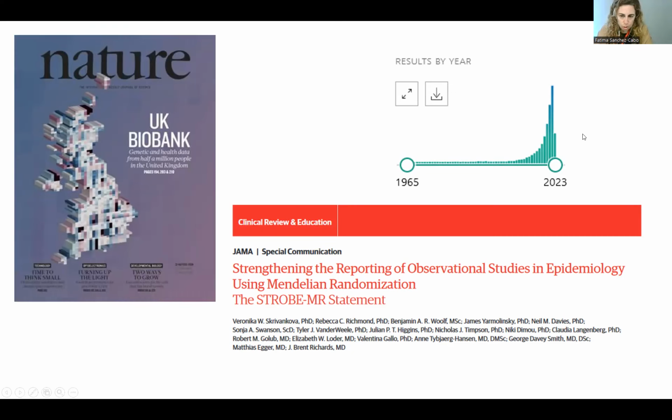Because of this explosion, and as Ramon pointed out very well, things sometimes are not being done properly. So it's nice to see that epidemiologists are becoming aware of it, and they just published, I think from 2021, 2022, some guidelines about what you need to report whenever you are using Mendelian randomization in an epidemiological study.